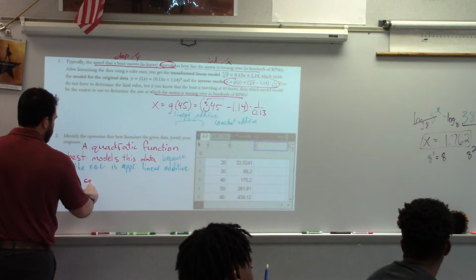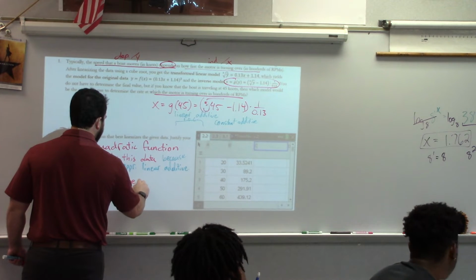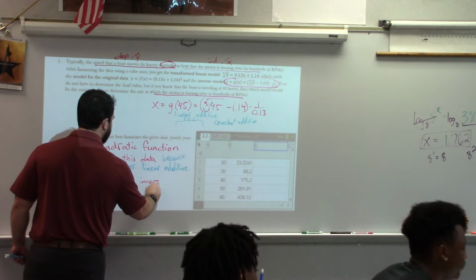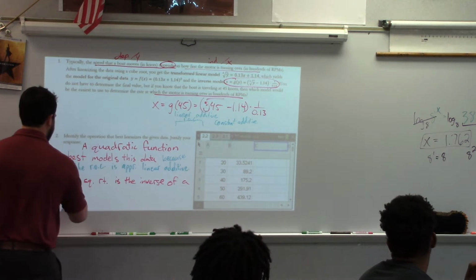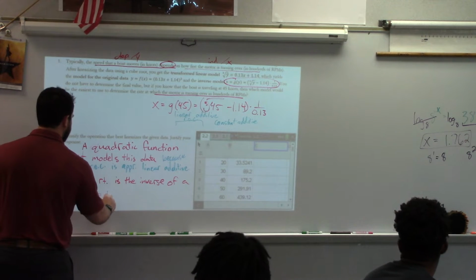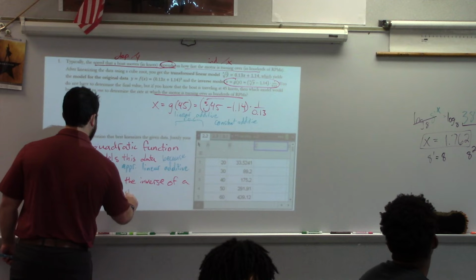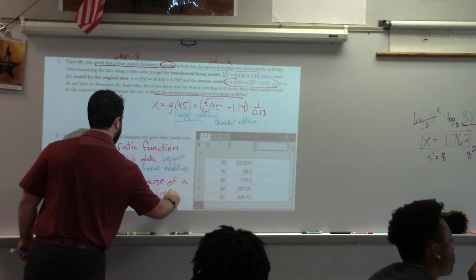A square root is the inverse of a square. So that should linearize the data.